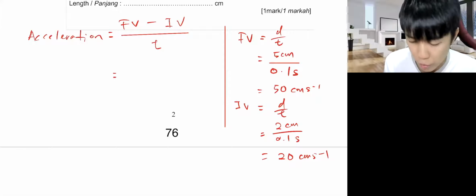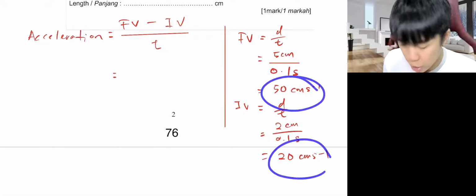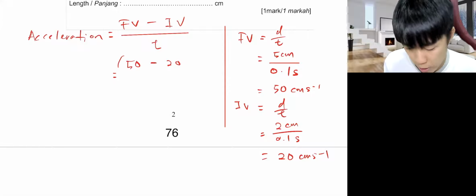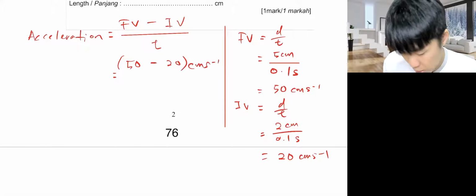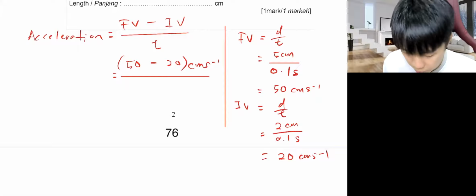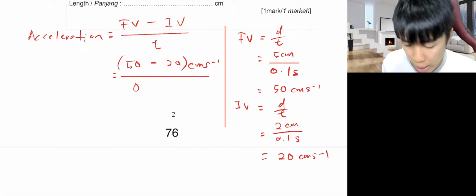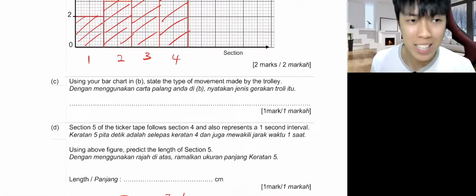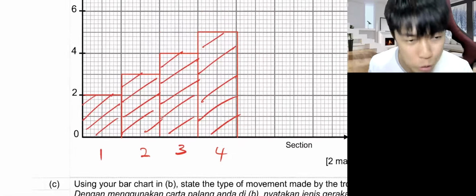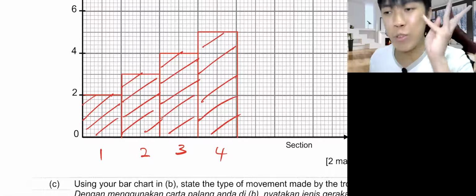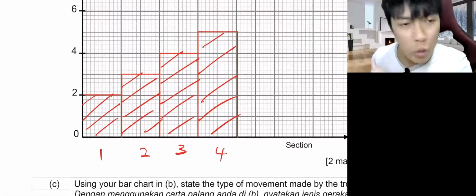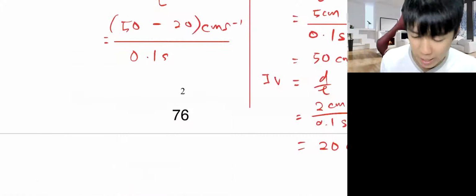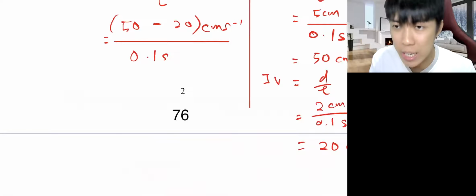Okay, so once you've got your final 50, initial 20, bring it back, 50 minus 20 cm s^-1 over time. Now, I have 0.1 second per strip. Do you remember in acceleration, if you have 4 strips, 0.1 times 4? Like all of them? Do you remember what I mean? So it will be 1 lesser, isn't it?